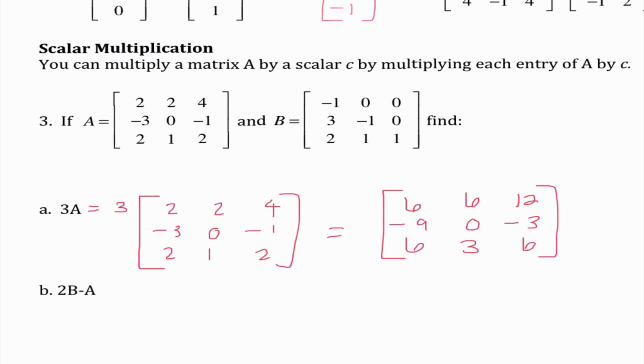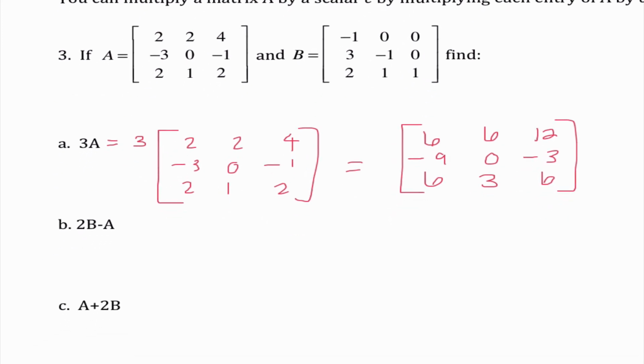So hopefully everything so far has been like what you would expect. For B, it tells me to do 2B minus A. So I'm going to save us a little bit of time here, and I'm going to distribute the 2 to B in our head. So I would get negative 2, 6, 4, 0, negative 2, 2, 0, 0, 2.